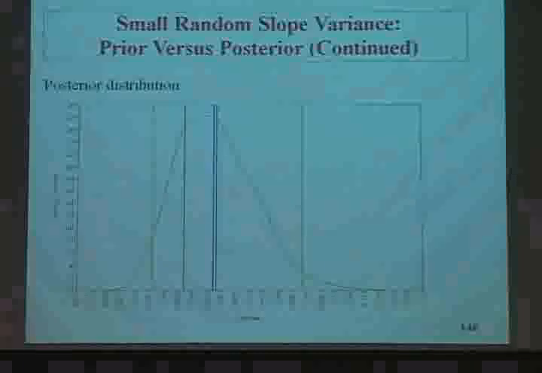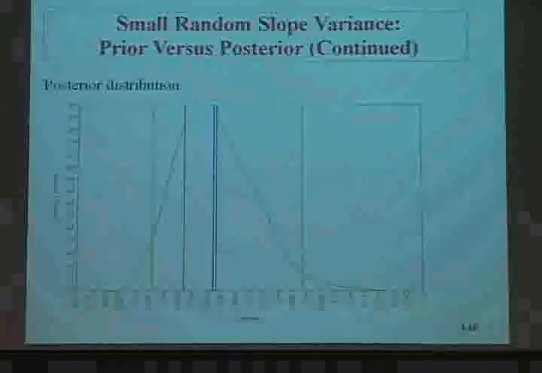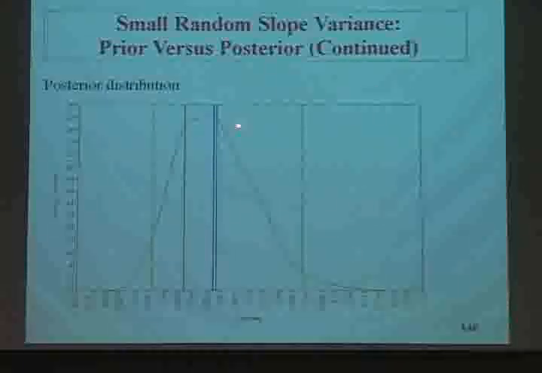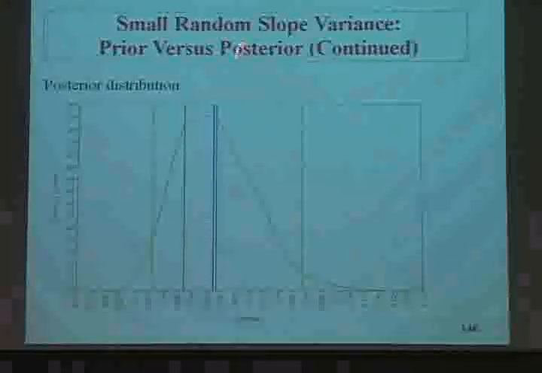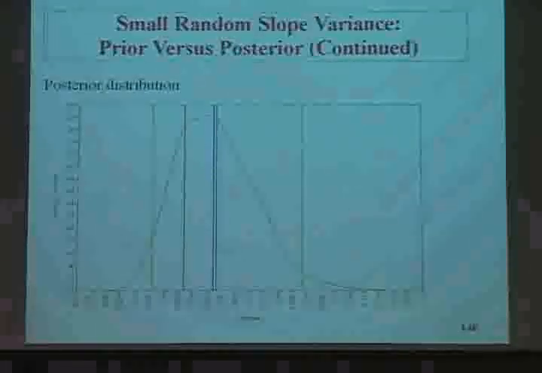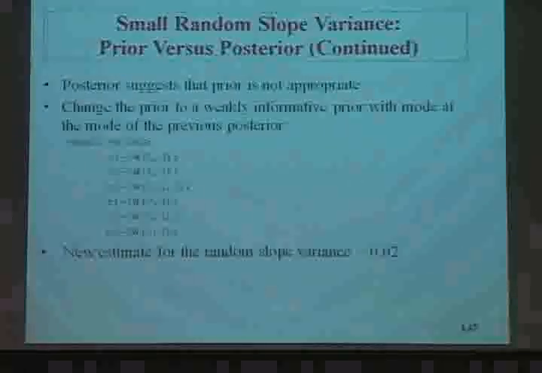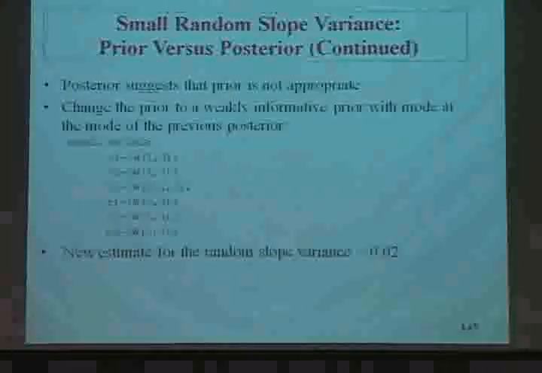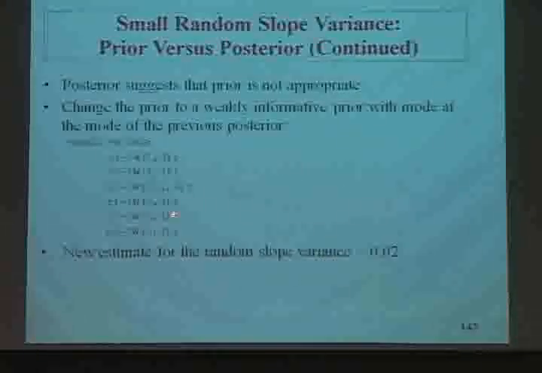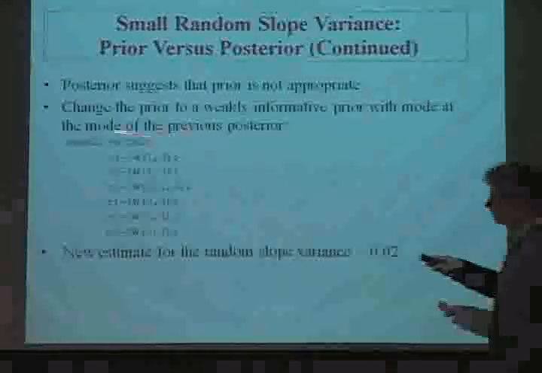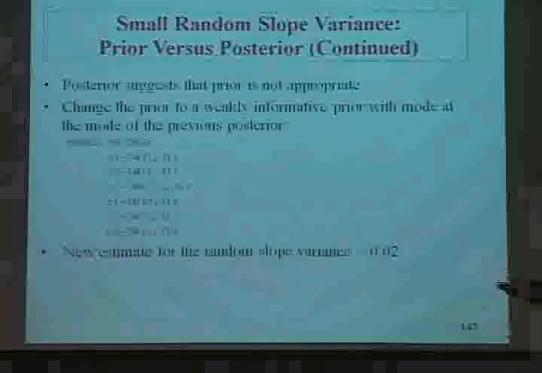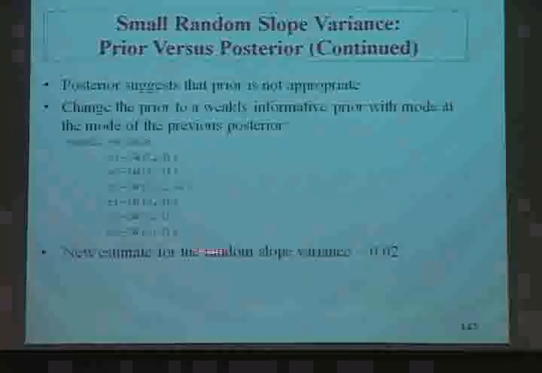So what you can do here is, you see this contradiction between the prior and the posterior. You see where the mode is. It's at 0.06. And you can basically choose the prior to have that mode. The way to get to that is to change the model prior statement in Mplus language.